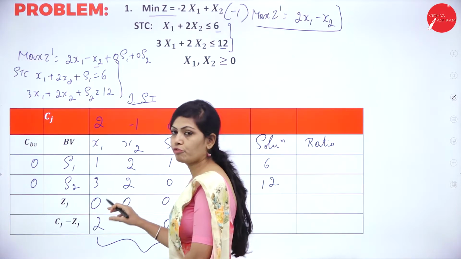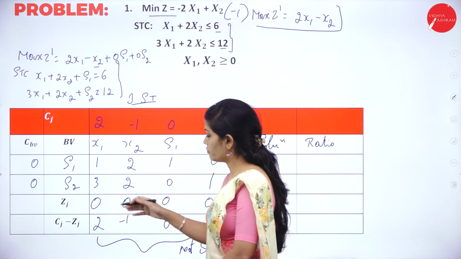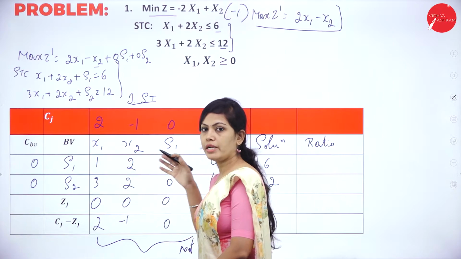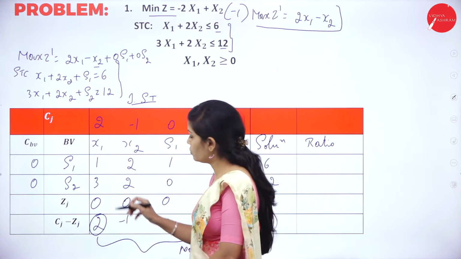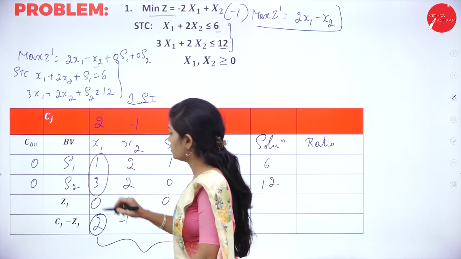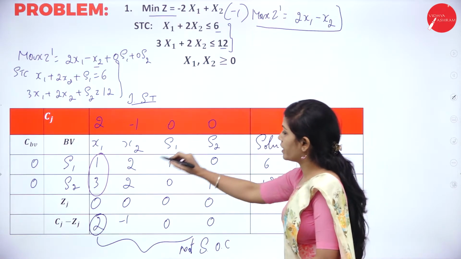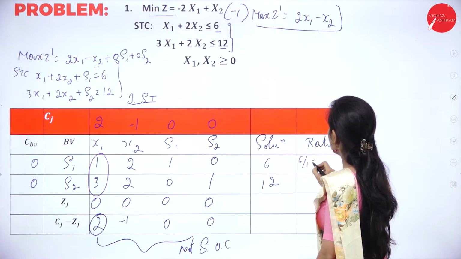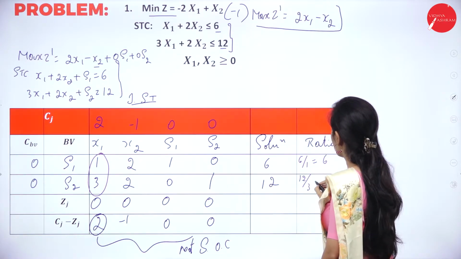So here we have to find the key row and key column. For proceeding further, we have to find the key row and key column. Here we select the maximum positive value, so the key column is x1. Using this key column, we find the ratio: 6 divided by 1 is equal to 6, and 12 by 3 is 4.